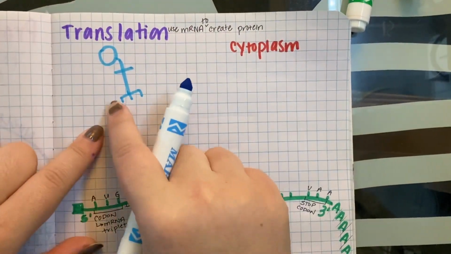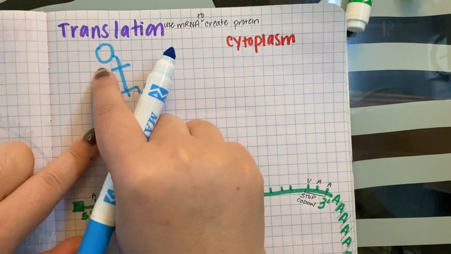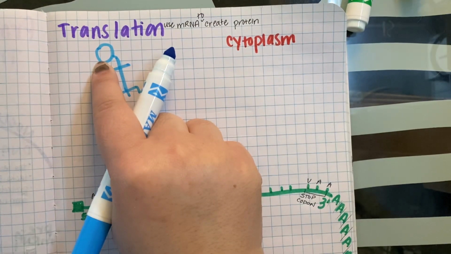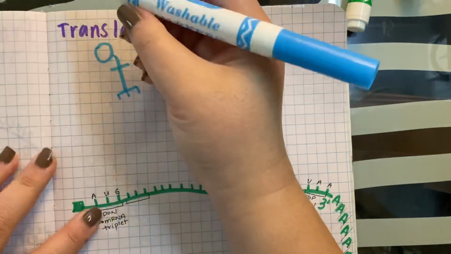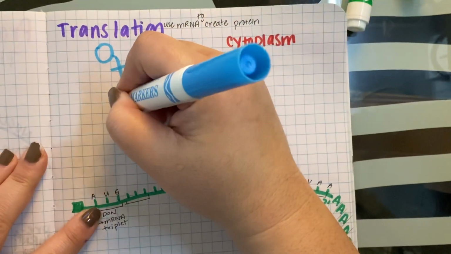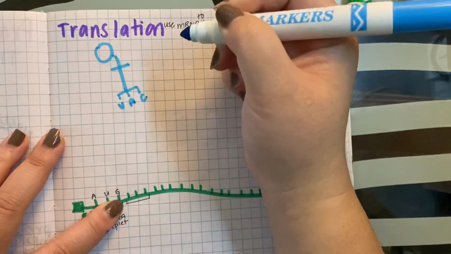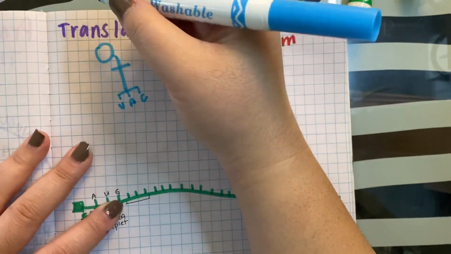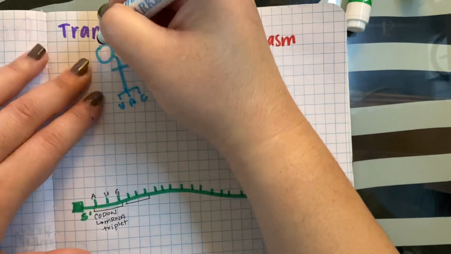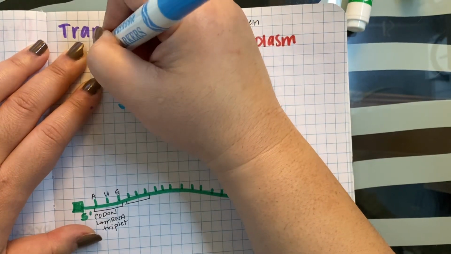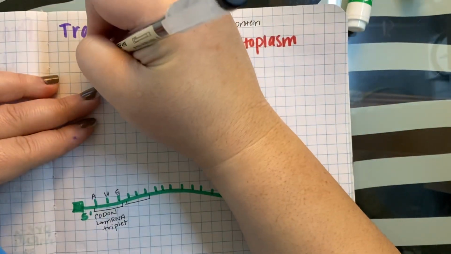Down here, this is the bottom of that T loop where we have these 3 nucleotides, and then up here will be its complementary amino acid. So let's just draw the one that complements AUG, right? A pairs with U, U pairs with A, G pairs with C. And the start codon for every single protein is methionine, which we designate MET. That's hard to read. Let me go over that with pen.